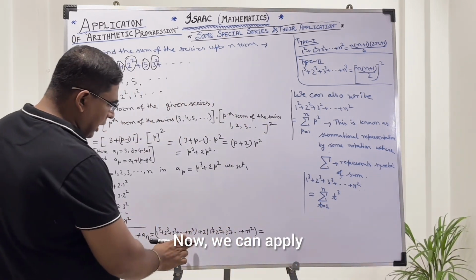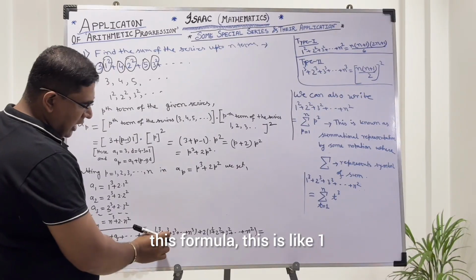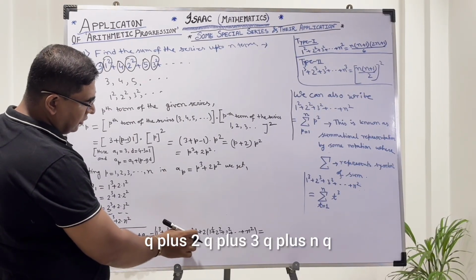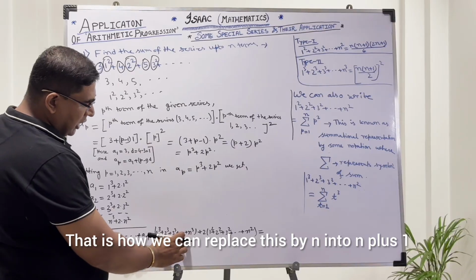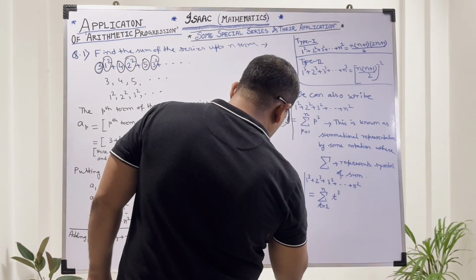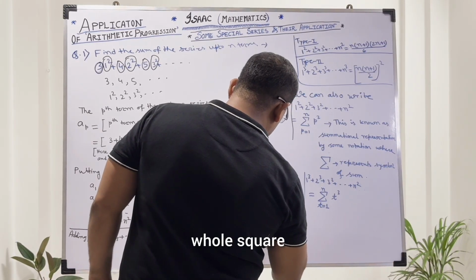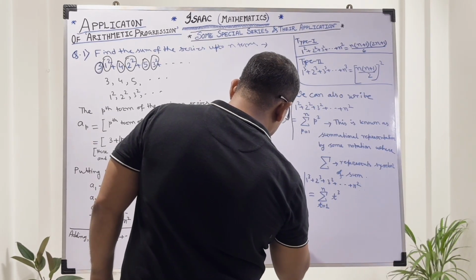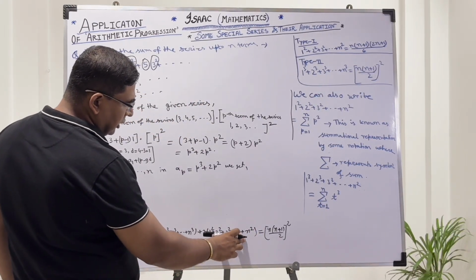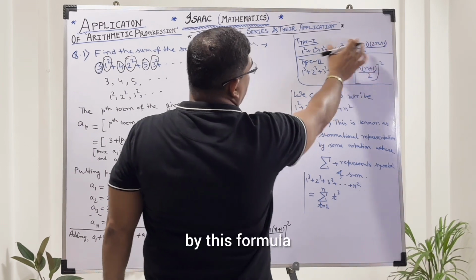Now we can apply this formula. This is like 1 cube plus 2 cube plus 3 cube plus n cube. That is why we can replace this by (n into (n plus 1) divided by 2) whole square. Then we can use this sum by this formula.